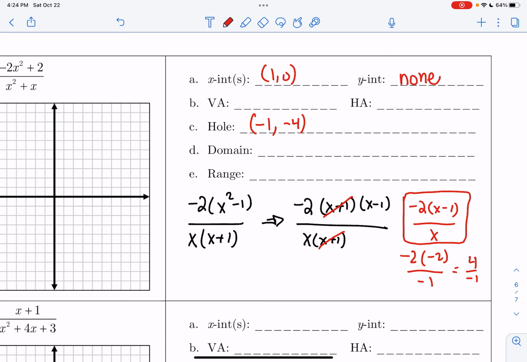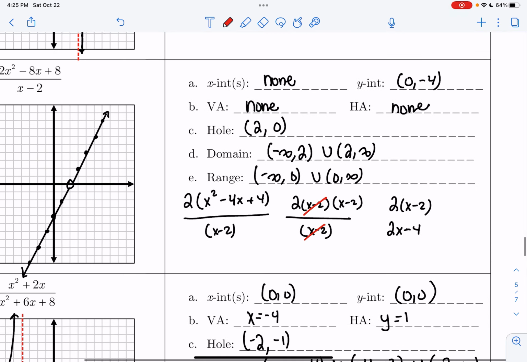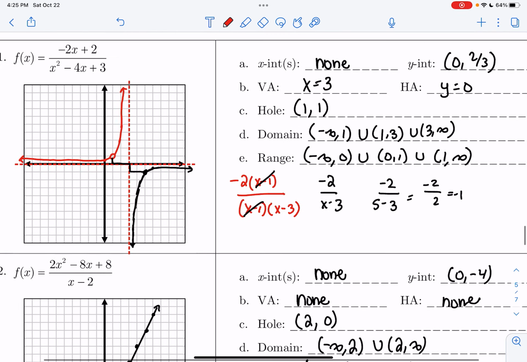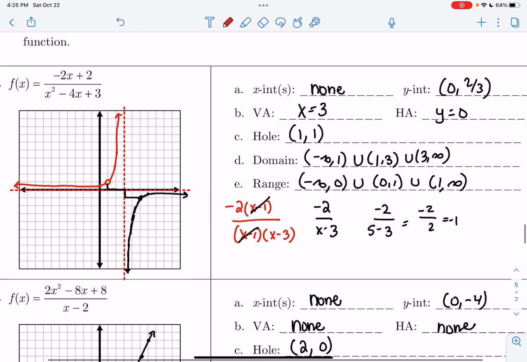And this makes sense because, if I look at my vertical asymptote, x can't be 0. So if x can't be 0, your y-intercept is none. It's very similar to this one right here, where my horizontal asymptote was 0 and my x-intercept was none.